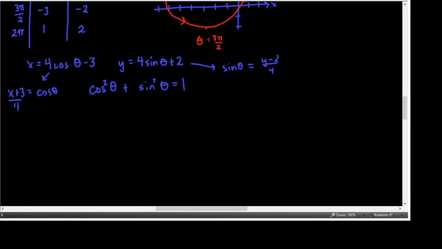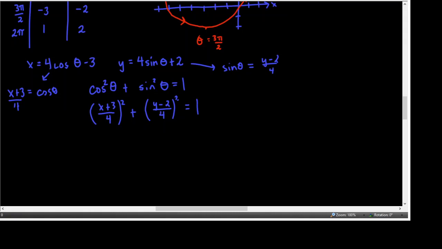So into this trig identity that you wrote down that relates cosine theta to sine theta, substitute for cosine of theta with what it solved to be equal to. So x plus 3 over 4 squared plus, now substitute for sine of theta with what it equals, y minus 2 over 4 all squared, excuse me for saying the square too soon, equals 1.